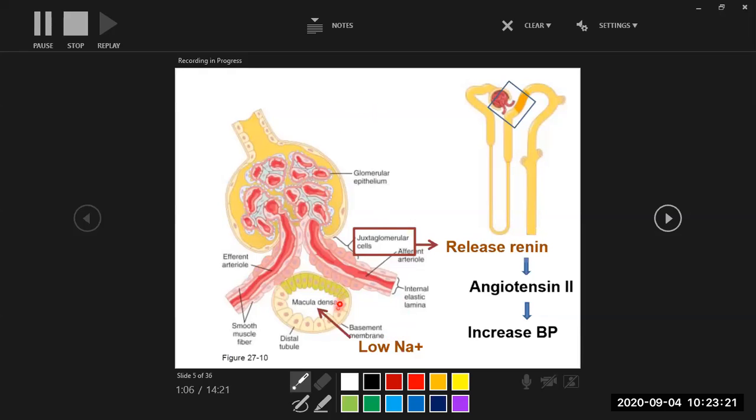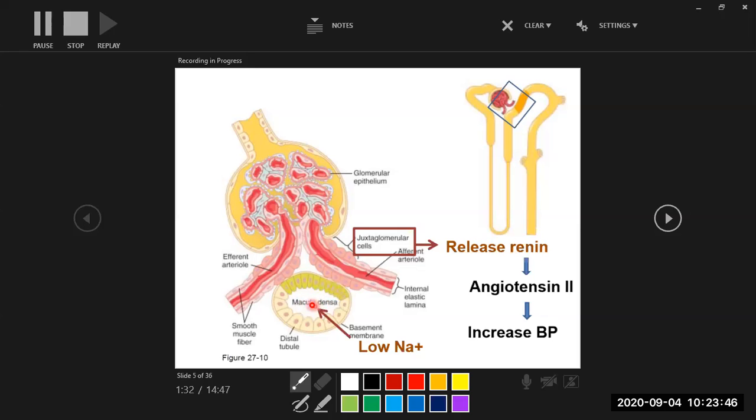So here is the cross section of the macula densa. And you can see that it's a single layer of the tubule. We have these epithelium cells like every other portion of the nephron. But here we have some specialized epithelium cells. They are sensitive to sodium.